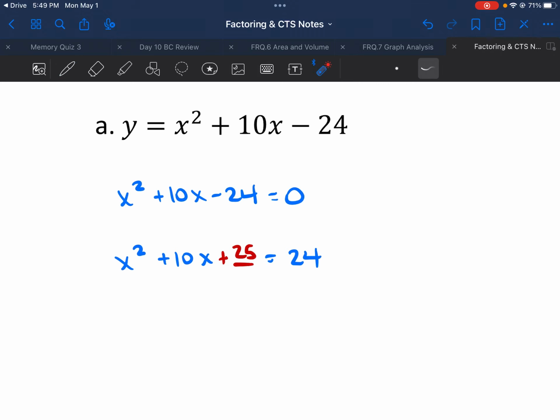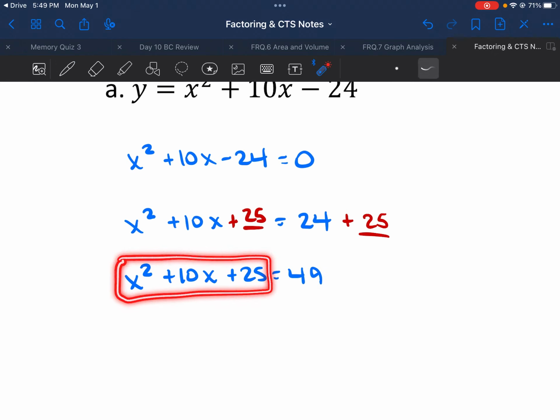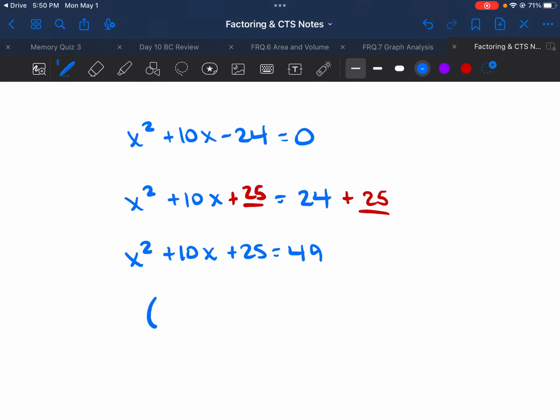But we also remember that you can't just magically add a number to one side of an equation. You have to keep the balance of the equation by also adding that 25 over here, plus 25 over here as well. So that gives us x squared plus 10x plus 25 equals 49. Remember, the whole point of doing this was to rewrite it as something squared. Okay? Well, remember how we cut that 10 in half to get a 5?